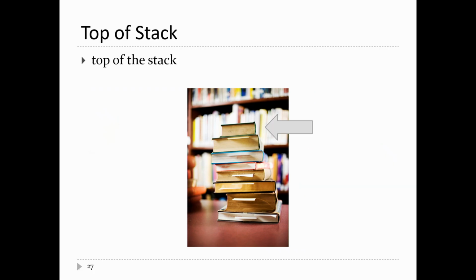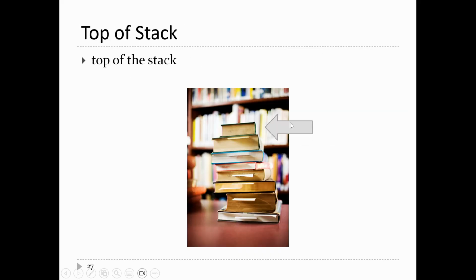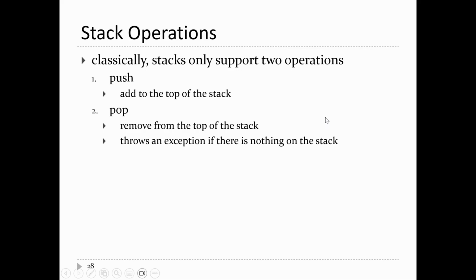Common to all of these piles of stuff is the notion of the top of the stack. Here this arrow is pointing to the top book of a stack. Classically, a stack data structure only lets you manipulate the data structure at the top of the stack, so there are only two operations.